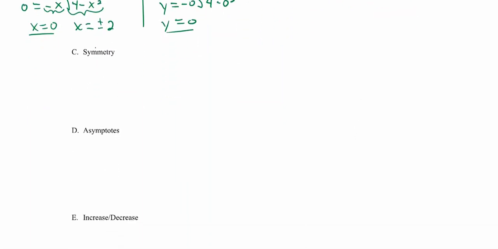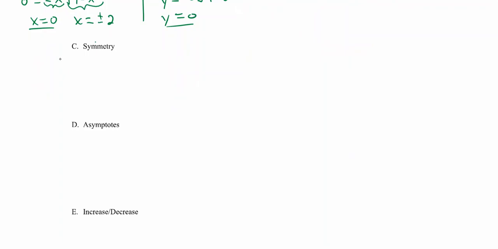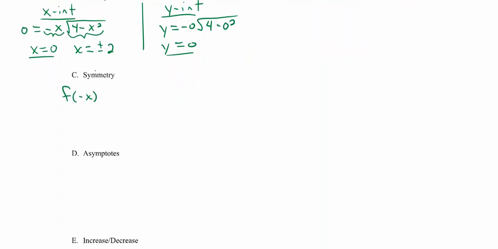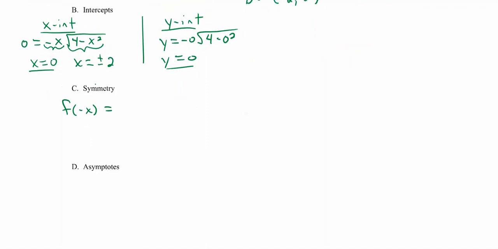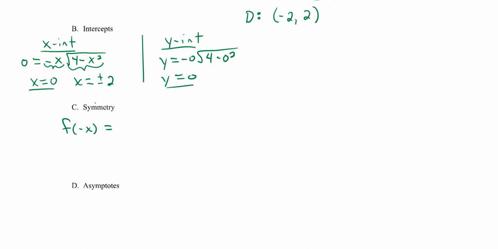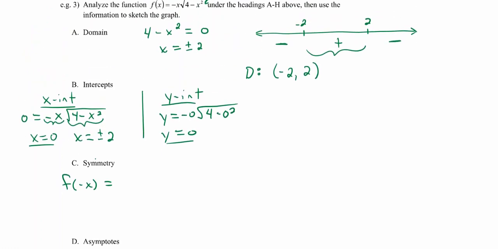All right, so symmetry. For symmetry, we are going to throw in f of negative x and see what we get out. So f of negative x is equal to, let's see the original here. It'd be negative, and then instead of an x, I'm going to put in negative x times the square root of 4 minus negative x squared.